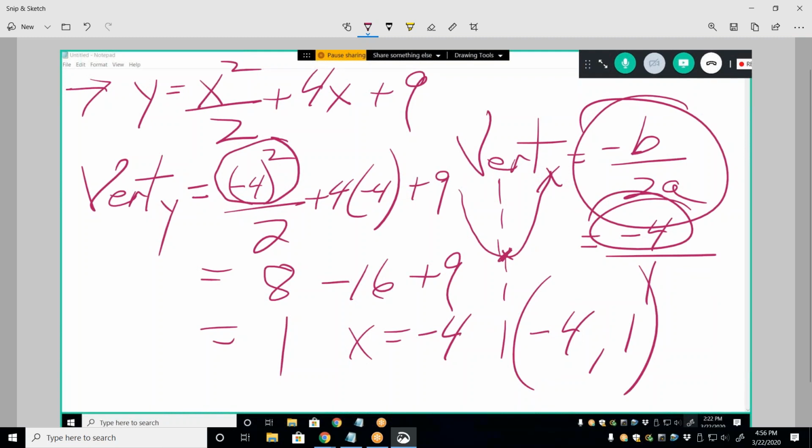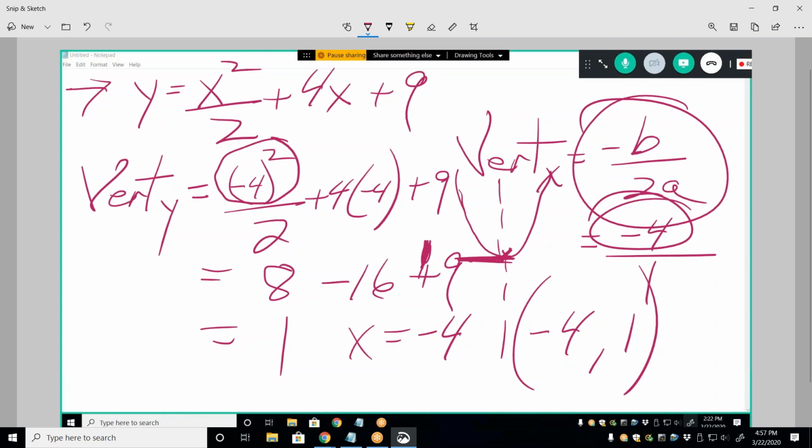All right. So does it have a maximum or a minimum? So it has to have a minimum, right? If it opens up, it's a minimum. So then the minimum value, in other words, the minimum is going to be the y-coordinate of the vertex. But you got to be a little careful with the terminology here, because they can talk about the minimum occurring when x equals minus 4, but that minimum is still 1.